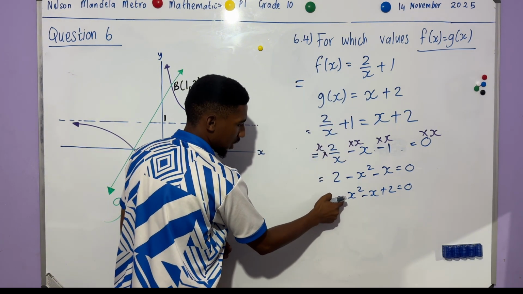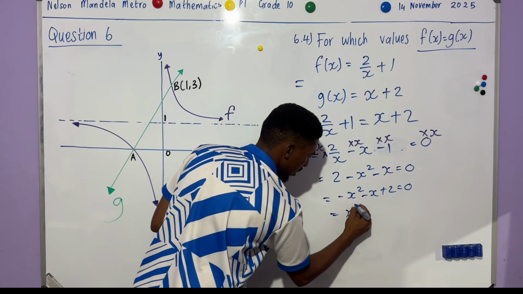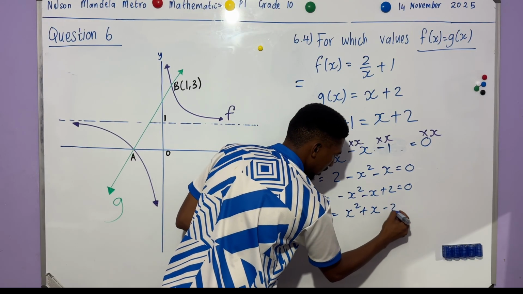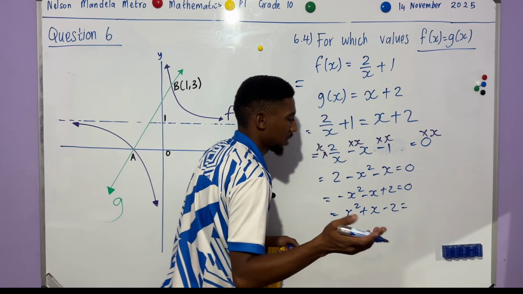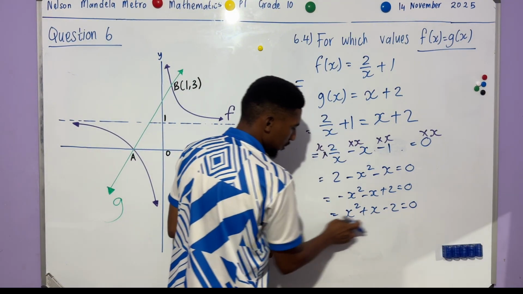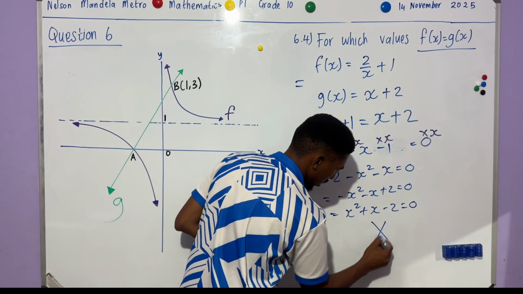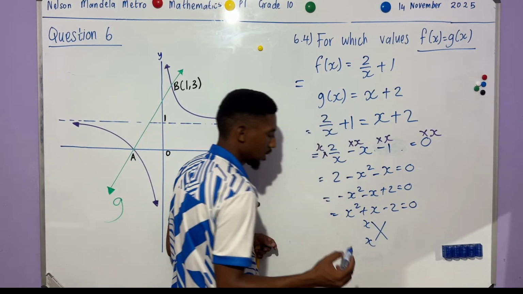And I don't want the x squared to be negative, so I'm going to divide everything by negative 1. All the signs change, but it's 0, so that doesn't really change. Now we have a trinomial. That's good for us, and we know how to solve trinomials.